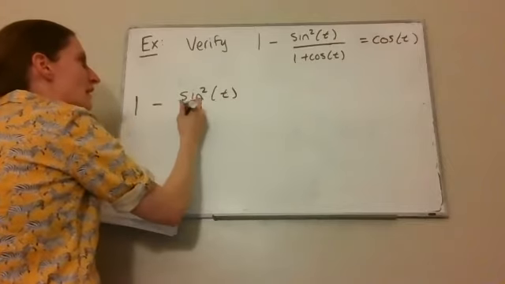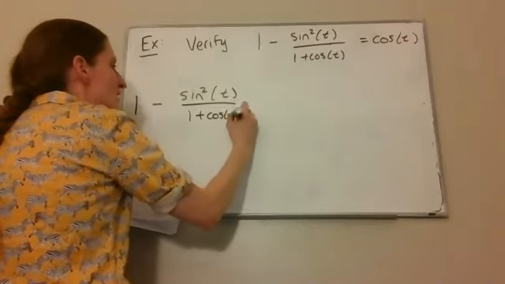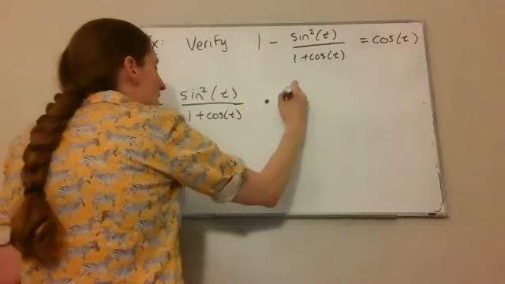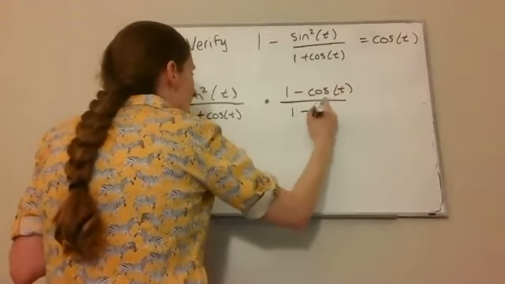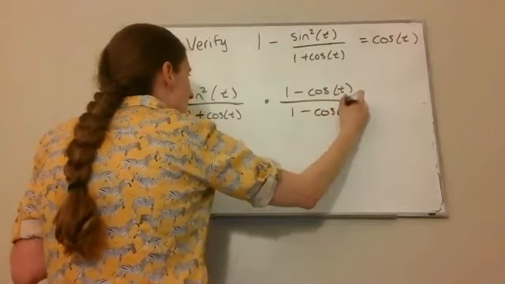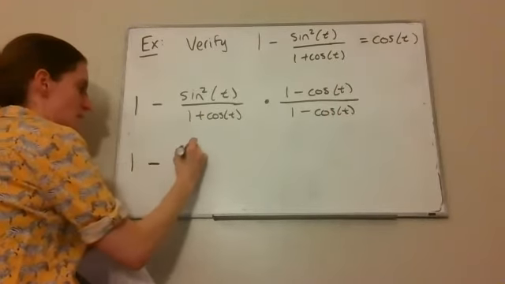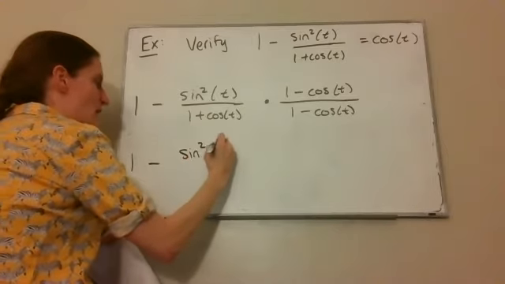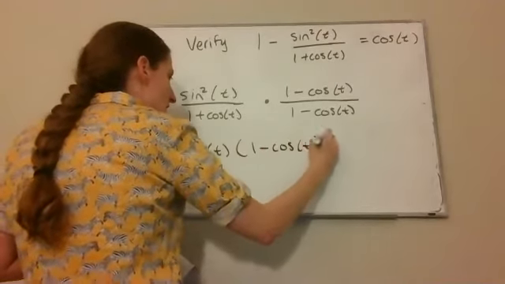So 1 minus sine squared of t over 1 plus cosine of t. Let me multiply by the conjugate of that denominator, 1 minus cosine of t. When I do that, in the numerator, I have my sine squared of t times 1 minus cosine of t.